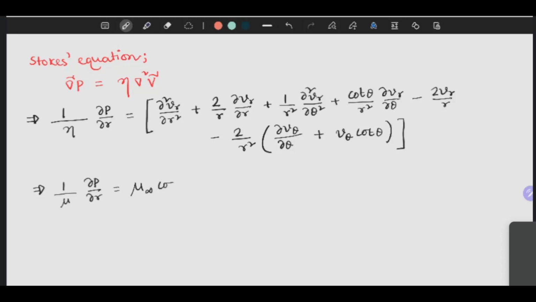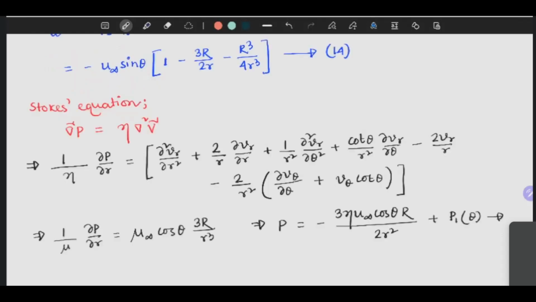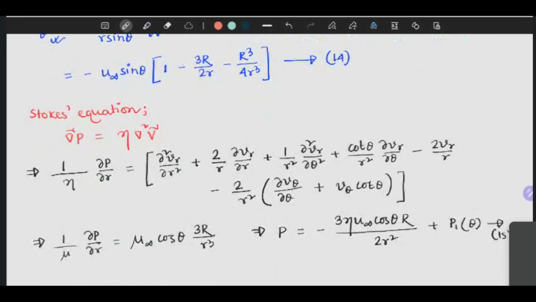So this can be a good homework, cos theta 3R by r cube, and from here you get the equation of p as the solution, p as 3 eta U infinity cos theta into R divided by 2 r square plus p1. What will be the function of theta then? This is equation number 15.